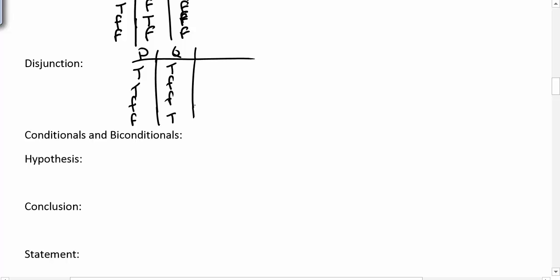Okay, so the symbol for a disjunction is an upside down caret symbol, or it kind of looks like a V. Okay, we'll go with a V, but it's the opposite of a conjunction. And this represents the word or, so P or Q. And so a disjunction is false if both statements are false and true in other cases.